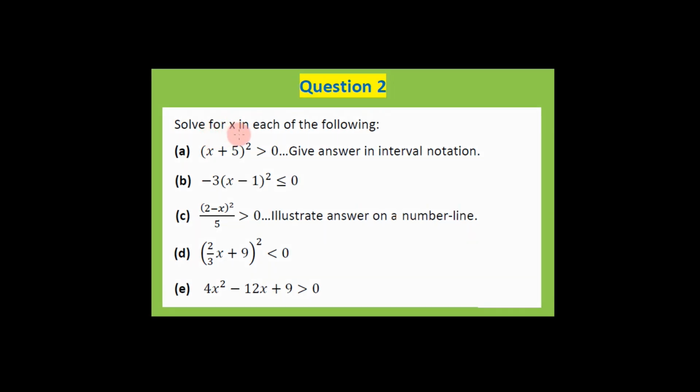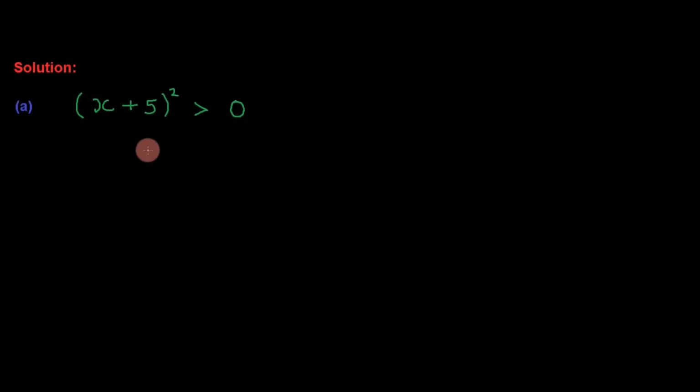So let's look at your answers to this question. In A, we have x plus 5 all squared is strictly greater than 0. We know that any real number squared will give an answer that's either greater than 0 or positive, or equal to 0. In this case, the left-hand side is strictly greater than 0, or positive. So we need to see where the left-hand side equals 0, and then we need to exclude that from our answer.